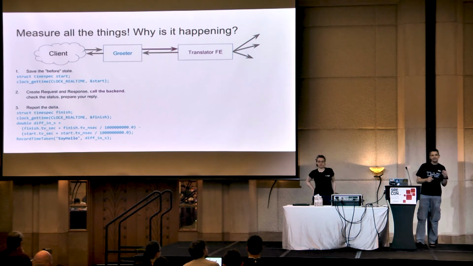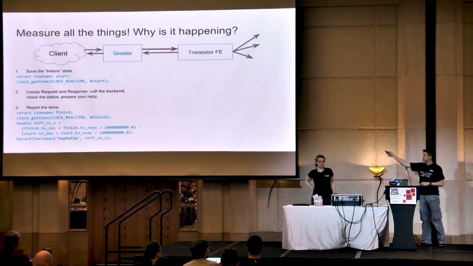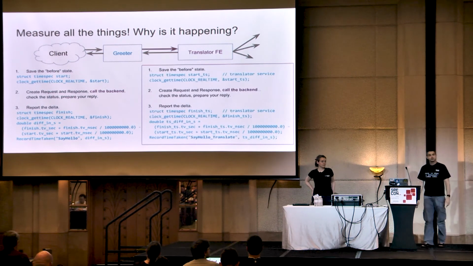This is still more or less of a what is happening. Now the question is, why is it happening? The answer is as easy as the question. You took as long as you did because you did the things that you did. In this case, we called the backend. Well, that's probably where most of the time went. So surround that code with the exact same thing. This is just before we called the backend, then we actually called the backend, this is just after. And that way we know from the client's perspective how long it took and how much of that time we were waiting.